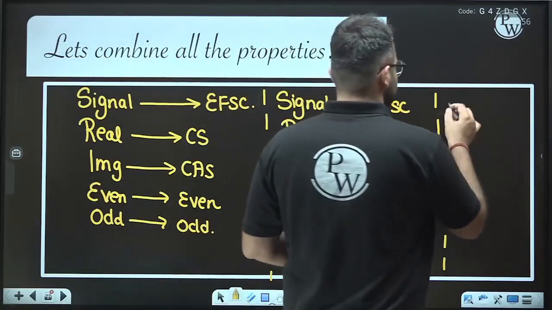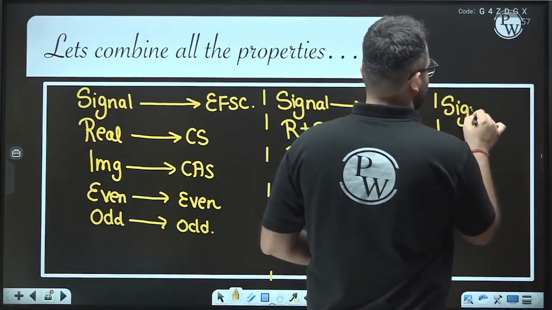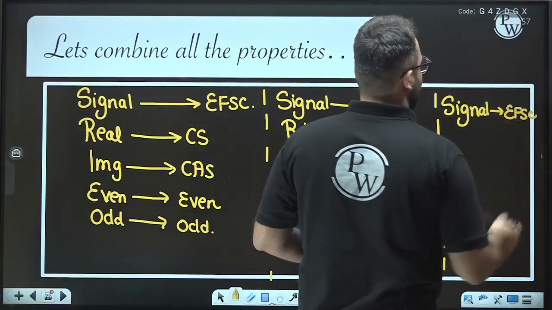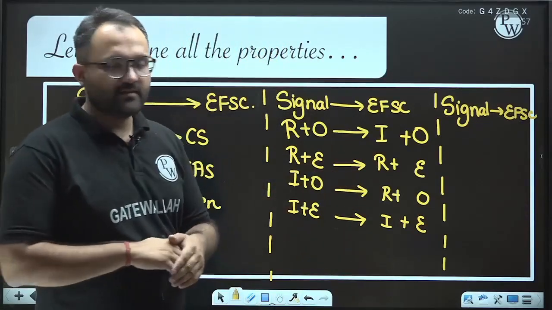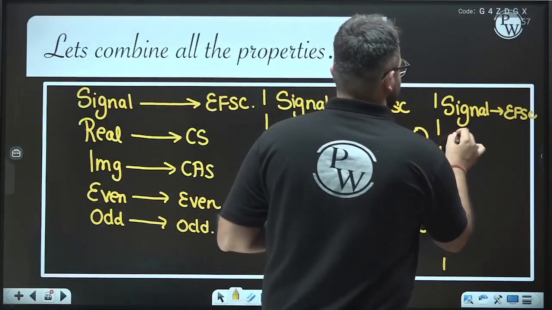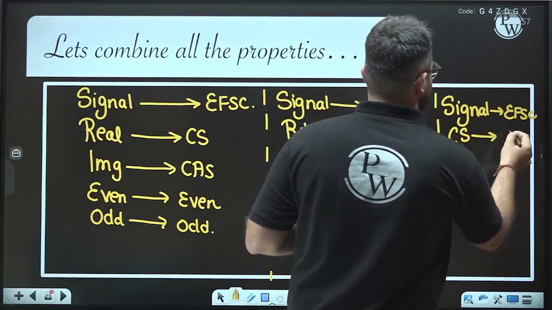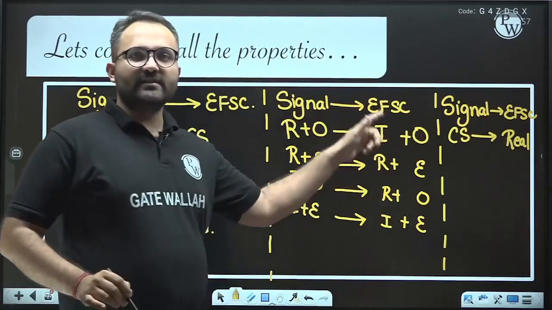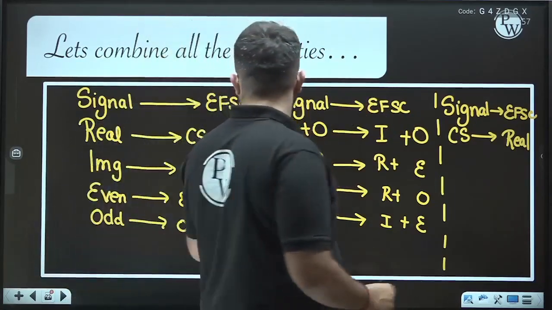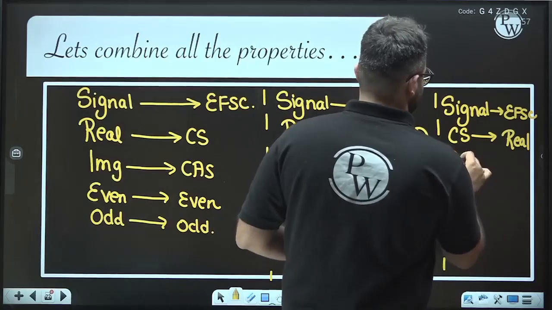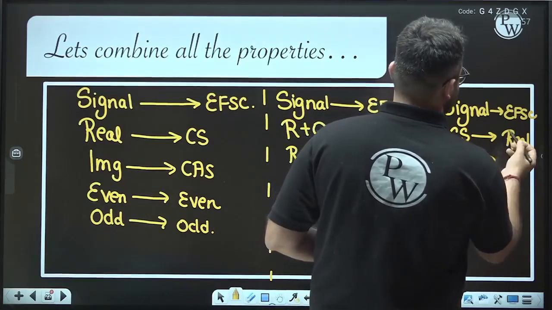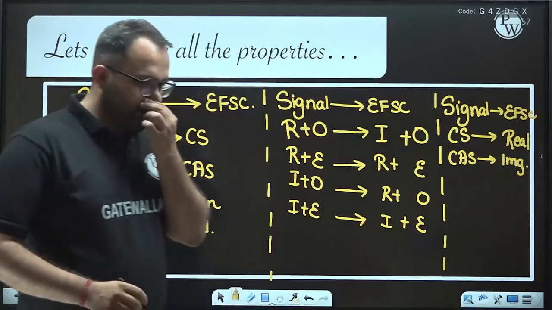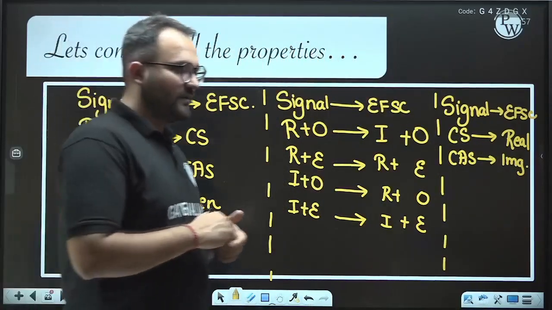The last thing: if the signal is conjugate symmetric, the Fourier series is real, and if the Fourier series is real, then the signal is conjugate symmetric. If the signal is conjugate antisymmetric, the exponential Fourier series is imaginary. These properties are very helpful in solving questions.